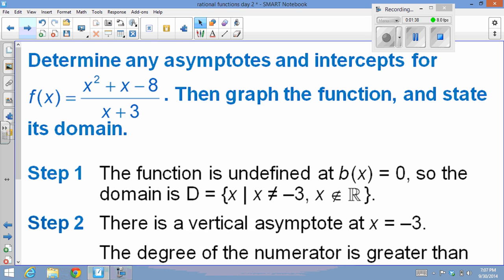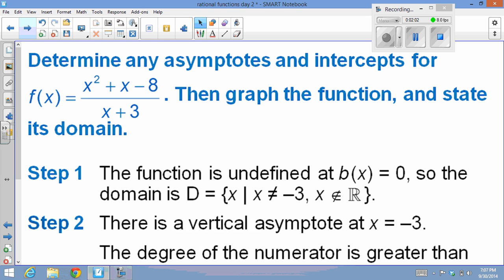Well, yes, there will be. The vertical asymptote will be when x equals -3. And then I will look and see, will there be a horizontal asymptote? In order for it to have a horizontal asymptote, I would either have to have the top smaller than the bottom, or the top equal to the bottom. That doesn't happen in either case, so there's no horizontal asymptote.